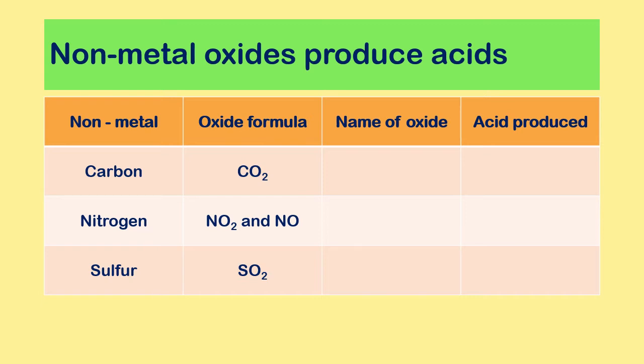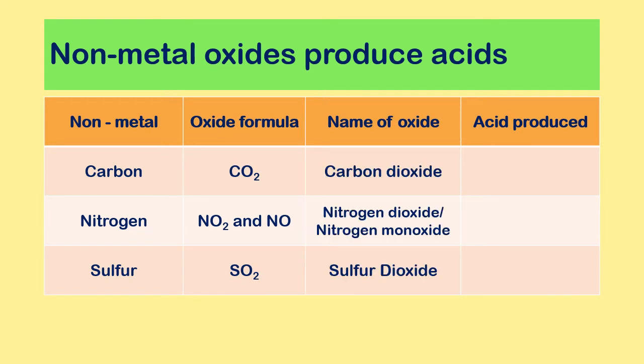So when carbon reacts with oxygen, we get CO2. When nitrogen reacts with oxygen, we can get NO2 or sometimes NO. And when sulfur reacts with oxygen, we get SO2. Now the names of those compounds are carbon dioxide, nitrogen dioxide or nitrogen monoxide, and for sulfur, sulfur dioxide.